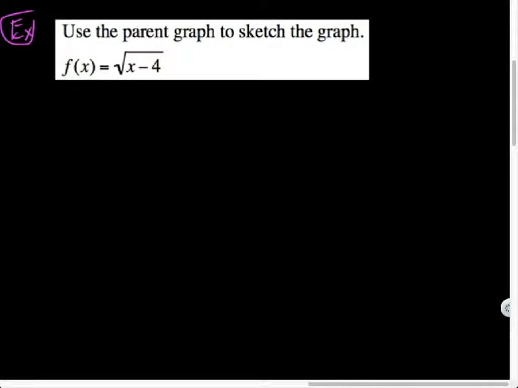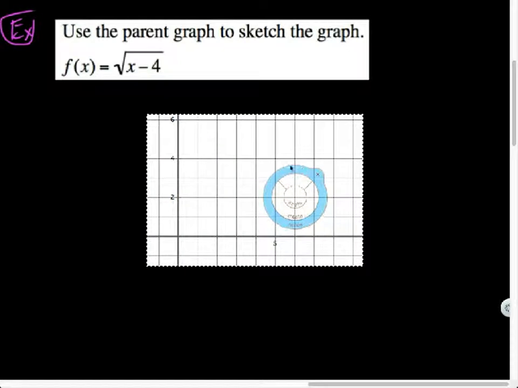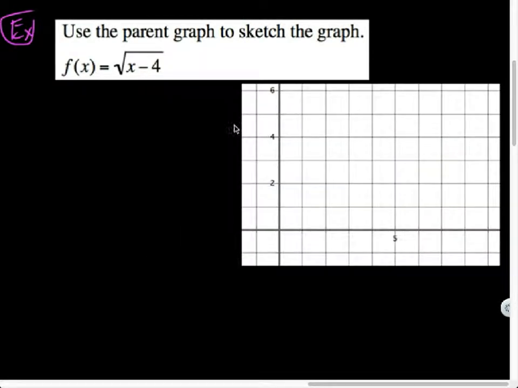Does anyone have any thoughts, hypotheses of what might occur? To the left. And why do you suspect that? Because it's negative. And that is where this is deceptive. Oh man, it actually is going to shift it to the right.